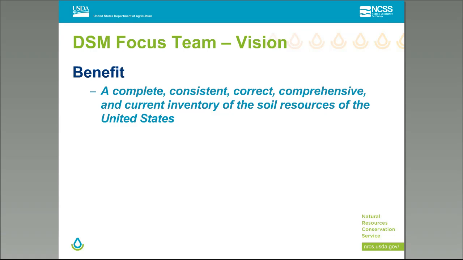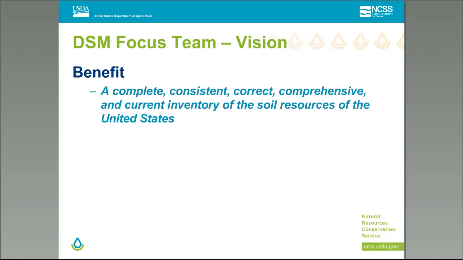That's what drives the decisions that we make and the products that we can provide to these end users. And I think that all 5 of those descriptors are representative of what our goals are for the soils knowledge that the Soil Science Division, that the National Cooperative Soil Survey provides.